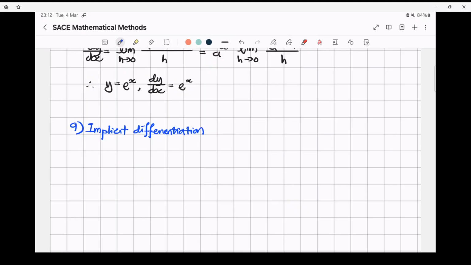I will not talk much on how you would perform implicit differentiation, but I want to focus on this.